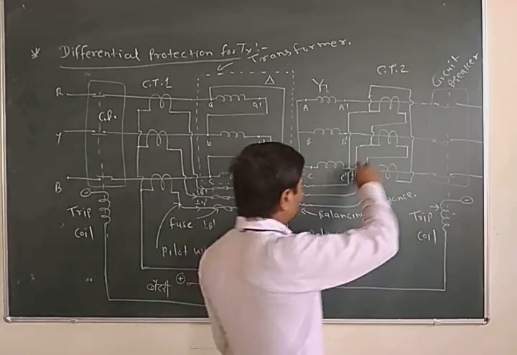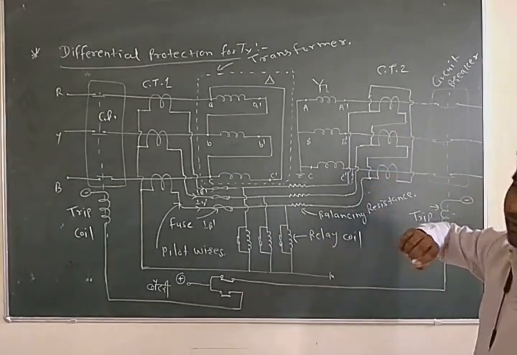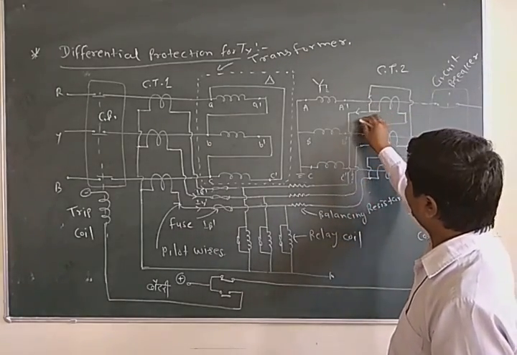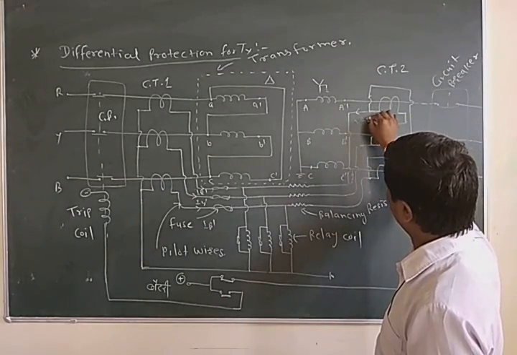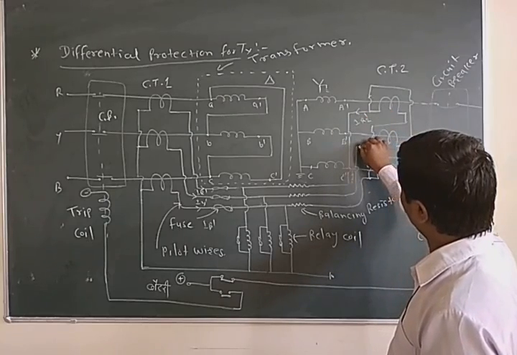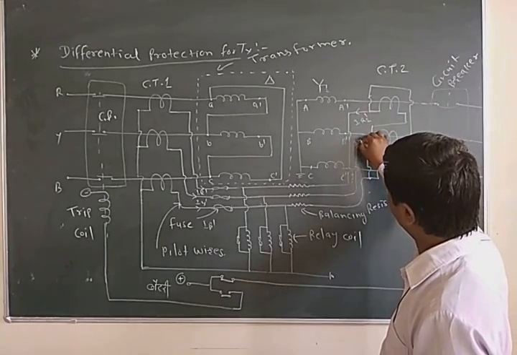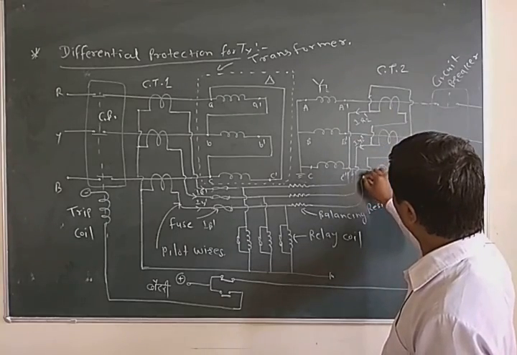But the output of CT2 at the secondary end is now IR2 dash, IY2 dash and IB2 dash.